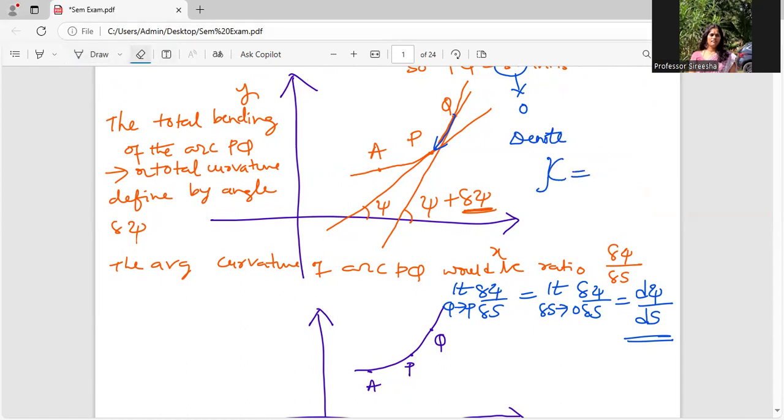It is d xi by ds, not dou. You can call this chi, if you're comfortable. And now the reciprocal of chi would give me the radius of curvature. Radius would be denoted by rho, and it is nothing but the reciprocal of chi, guys.